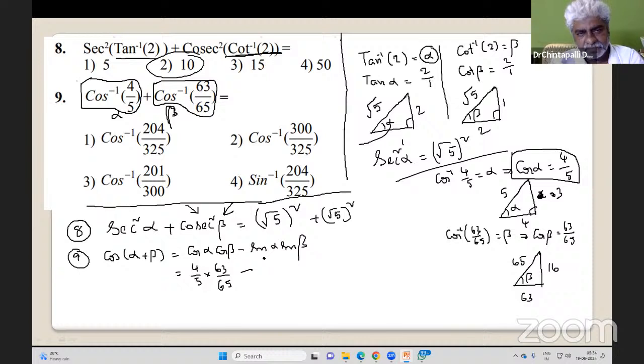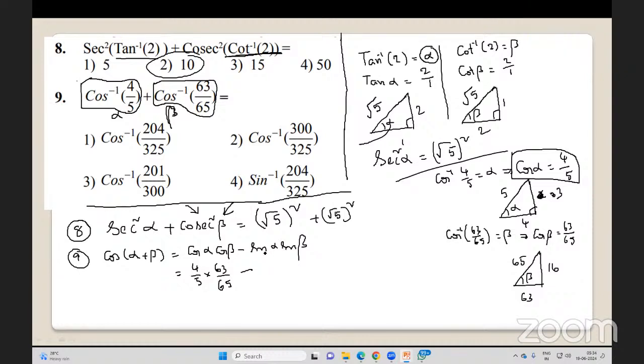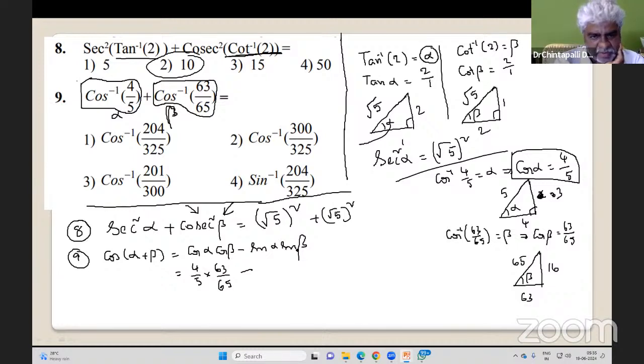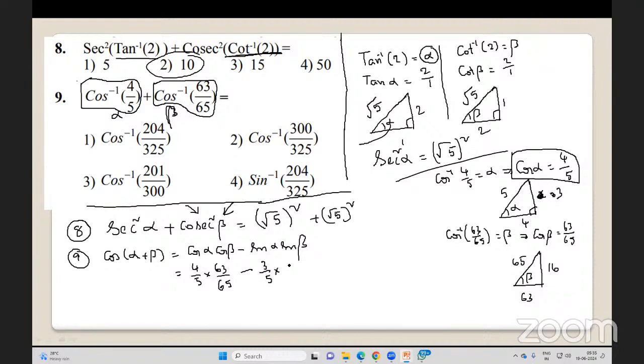Sin alpha is 3 by 5. Yes, 3 by 5. Sin beta is 16 by 65. Very good.